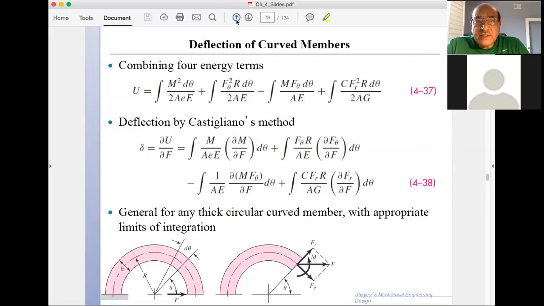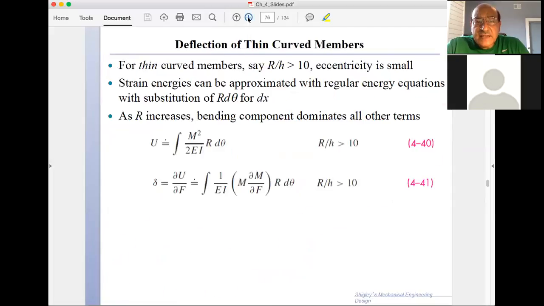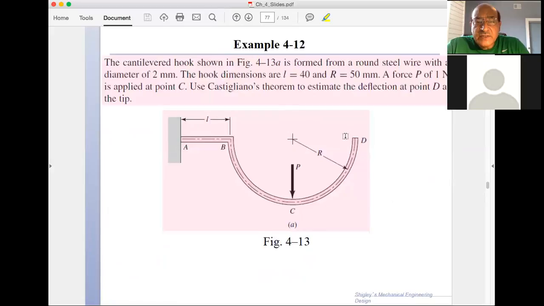So now I have another comment that comes to mind. Suppose you want to find the deflection. Like this point D here, we wanted to find the deflection. When you put force P, then this node D is going to move downward and also somehow sideways, right?